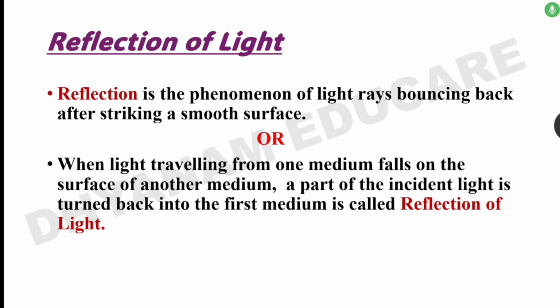Or when light traveling from one medium falls on the surface of another medium, a part of the incident light is turned back into the first medium, it is called reflection of light.